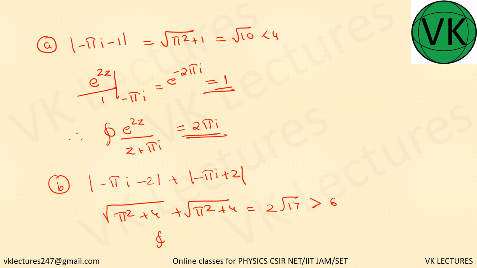Therefore the closed integral of e raised to 2z divided by z plus pi i is equal to 0, because the point lies outside. Therefore the residue is equal to 0.